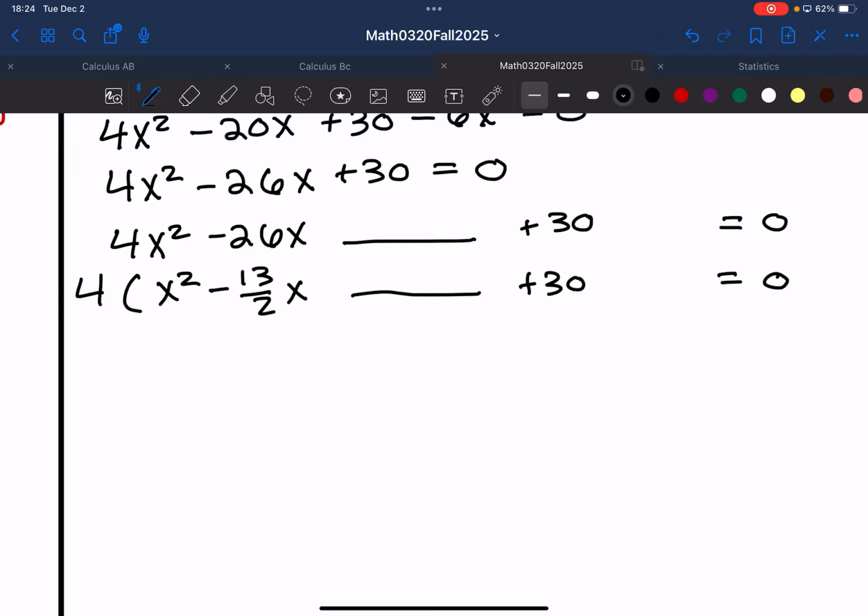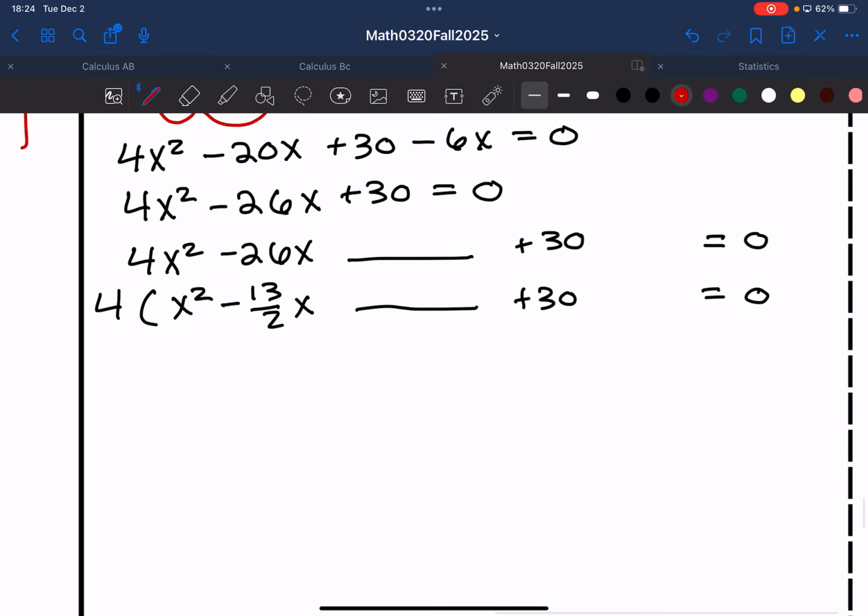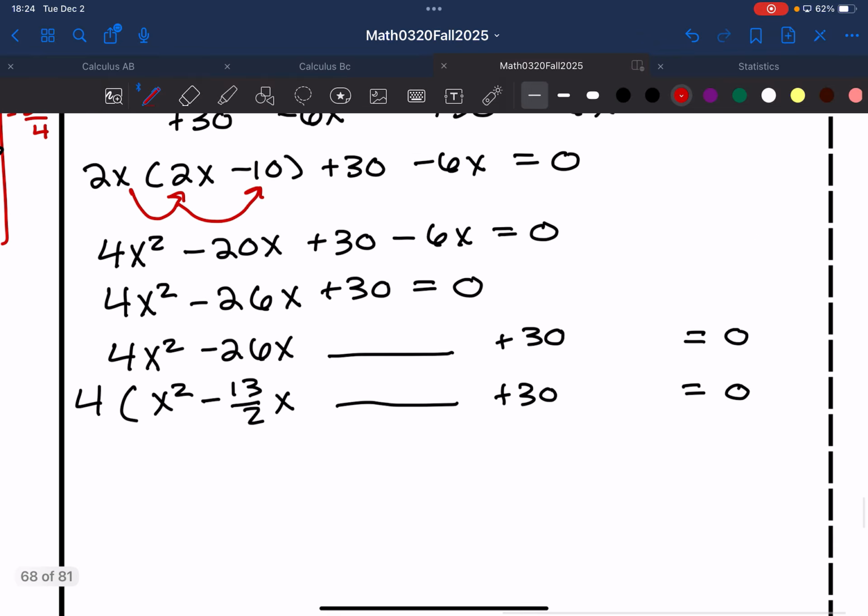Okay? So then in order to complete our square, we're going to take our b value. And what's our b value? Negative 13 over 2, right after we took out the 4. So we have negative 13 over 2 divided by 2, so that's 2 over 1. Then we square it. Well, that's the same as doing negative 13 over 2 times 1 over 2.